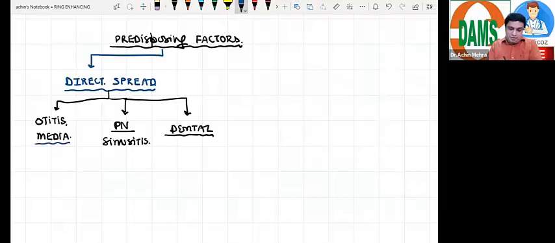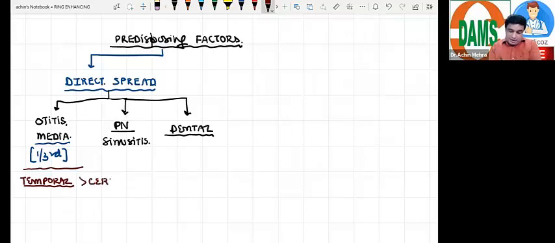One third of the people that I see having a brain abscess are due to CSOM, right? And the common location of otitis media resulting in a brain abscess is temporal. That's the most common site. Second most common site they claim is cerebellar. All these have come in the exam, right? What is the most common site of brain abscess after CSOM?